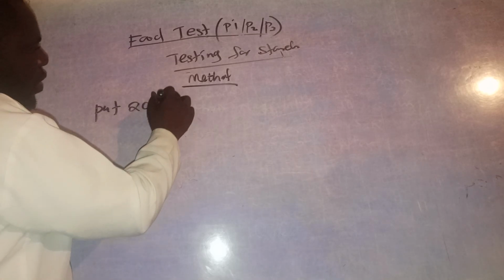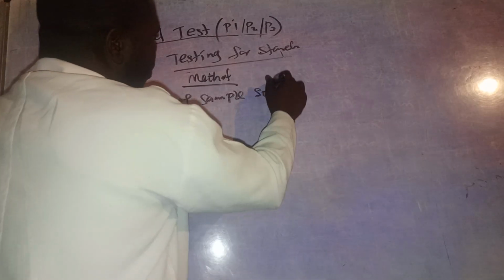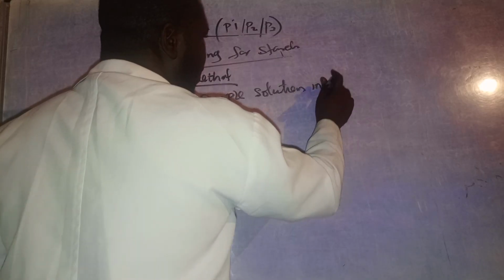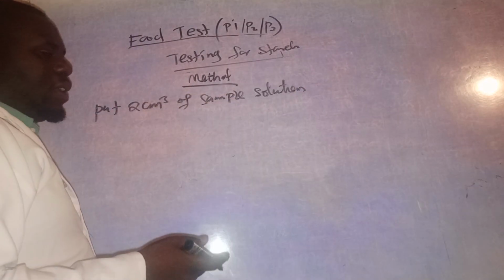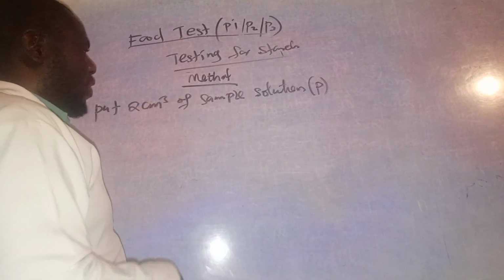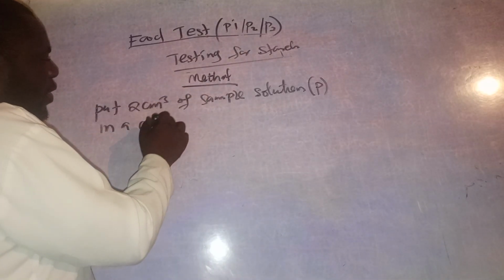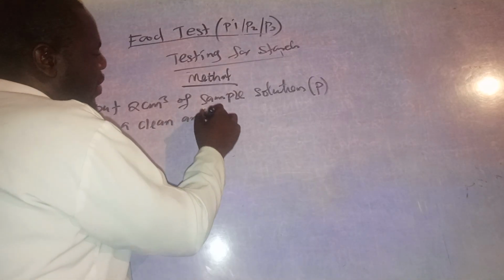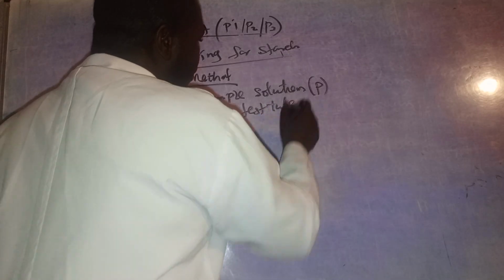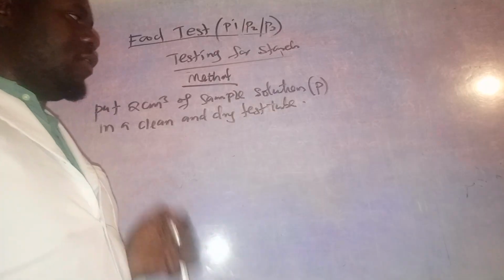Number one, the first step, you put 2 cm³ of sample solution. For example, sample solution P, maybe you can name it P or K or whatever, in a clean and dry test tube. It means you put the sample solution given in a clean and dry test tube.